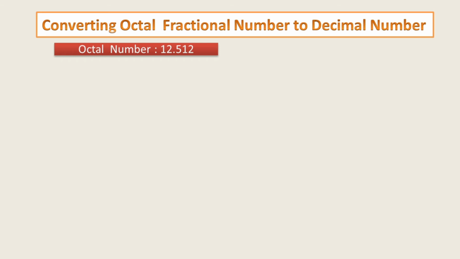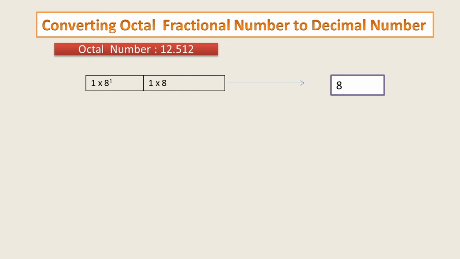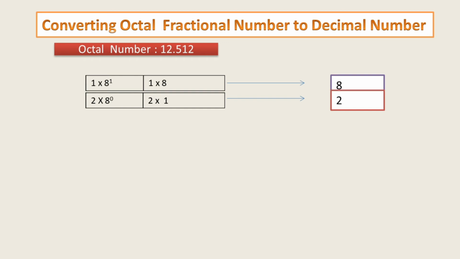Now if I want to convert an octal fractional number into a decimal number, what will we do? Here again, the first two digits are your whole number. So the whole number will follow the same pattern: 1 2.